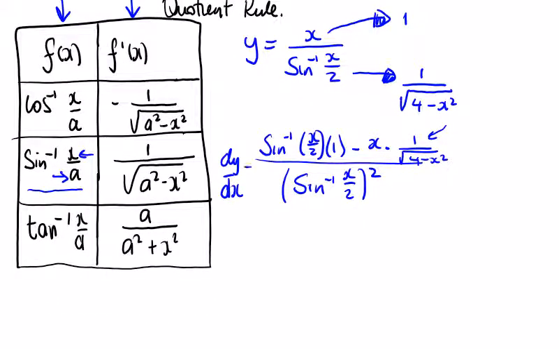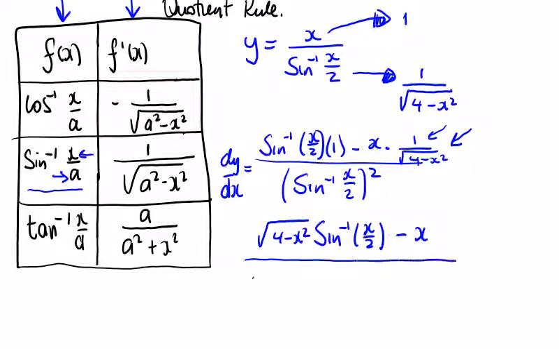So if we multiply everything by the square root of 4 minus x squared, we're going to get the square root of 4 minus x squared by the inverse sine of x over 2 minus x, because this is going to put a square root of 4 minus x squared on top, so we're just going to get minus x over the square root of 4 minus x squared by the inverse sine of x over 2 to be squared.